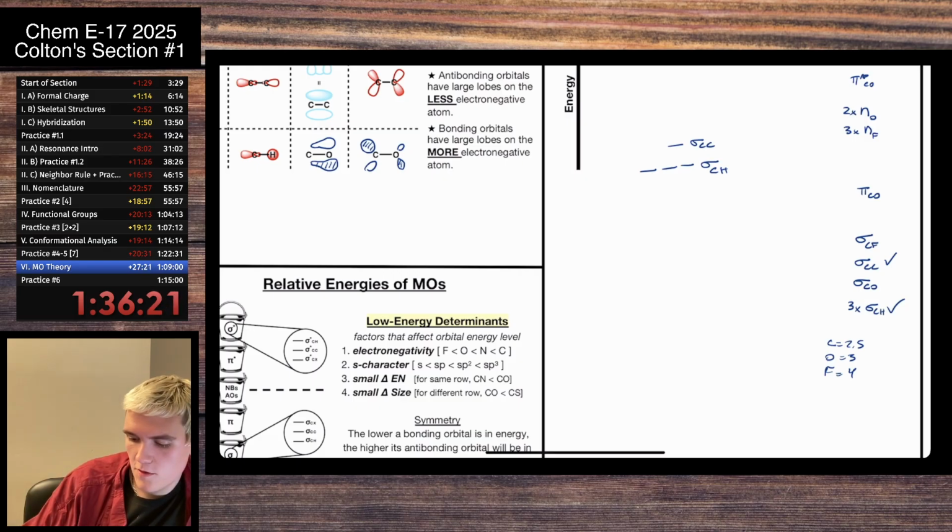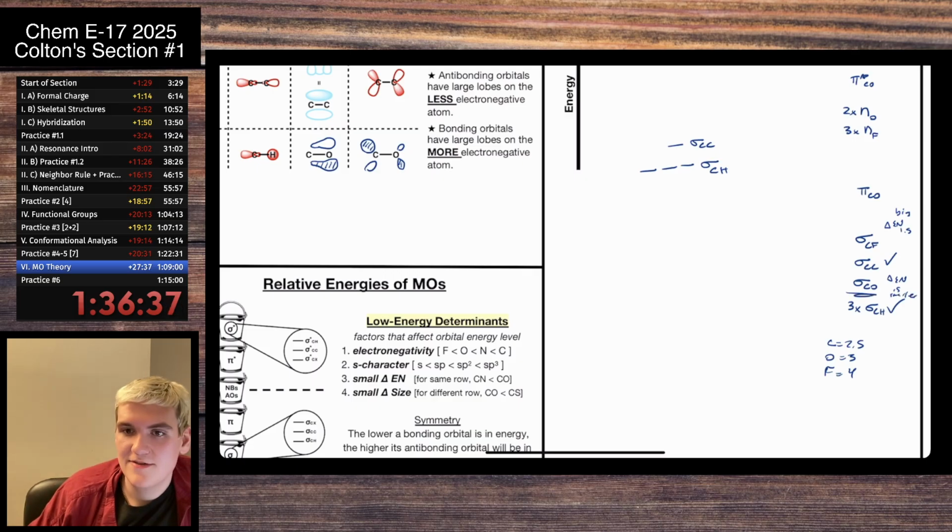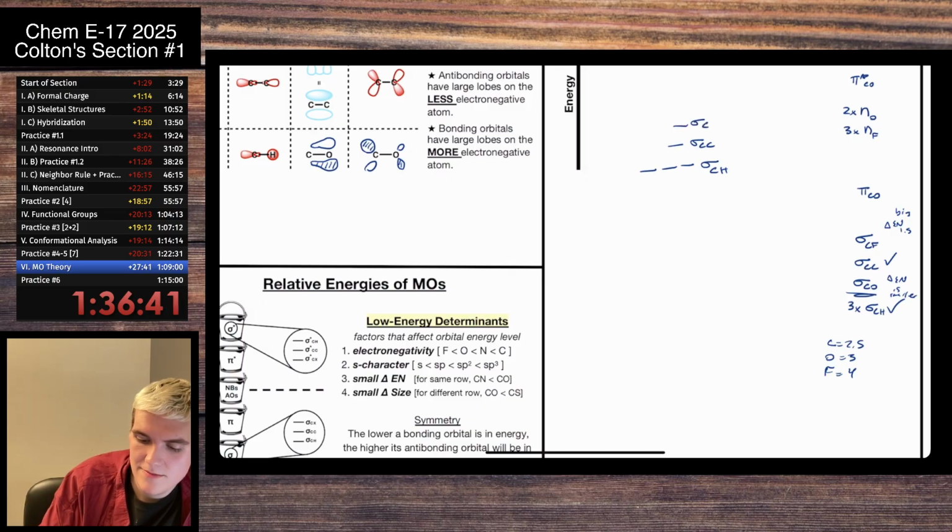Well, in this case, 4 minus 2.5, that's a change in electronegativity of 1.5, and that's larger. And this is a change in electronegativity of 0.5, which is smaller. So the smaller change in electronegativity is lower in energy. So next we're going to have the sigma CO followed by the sigma CF.